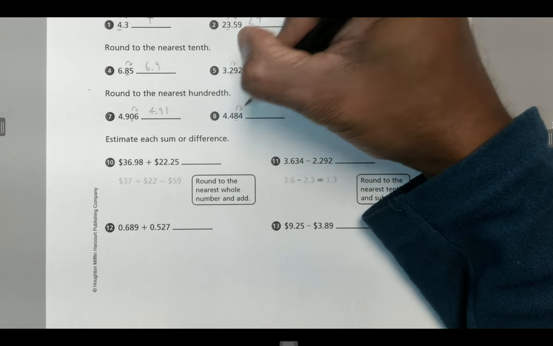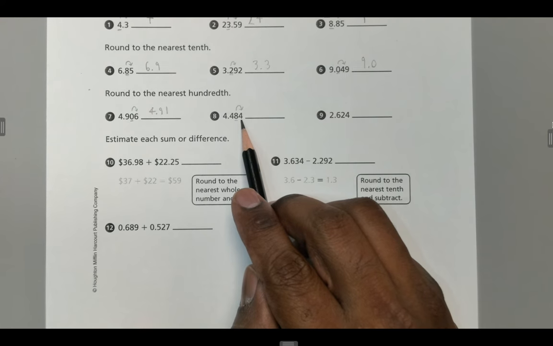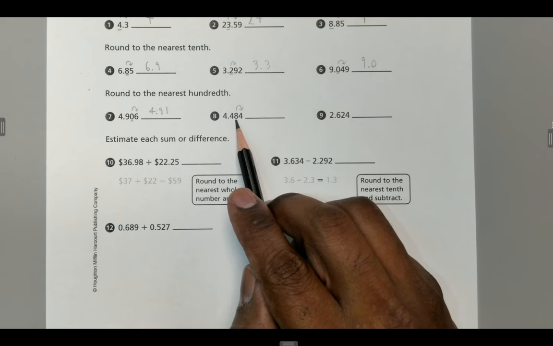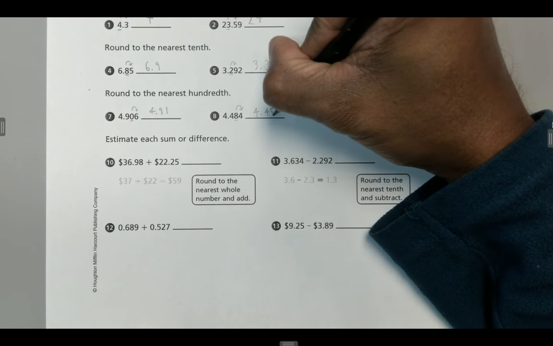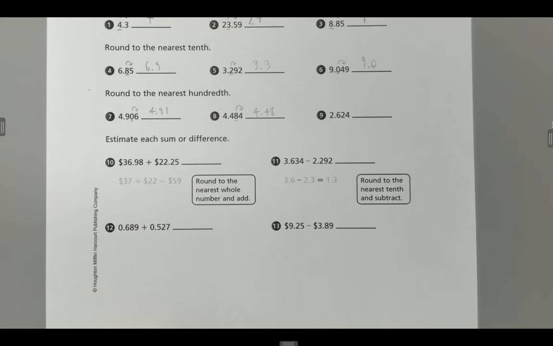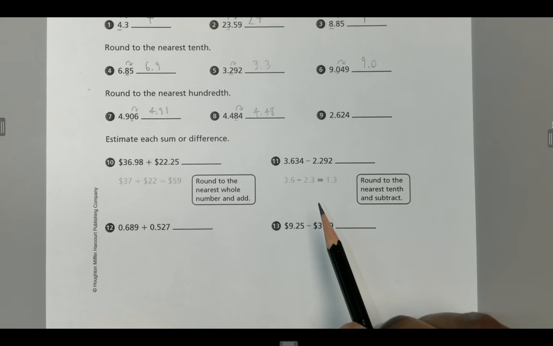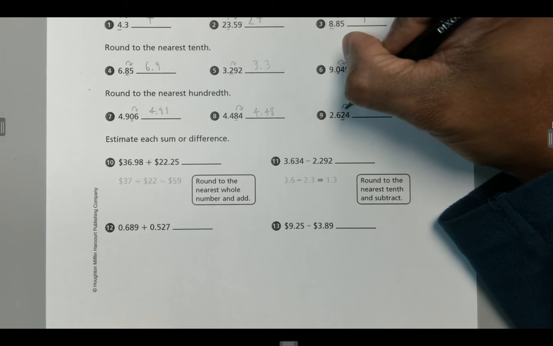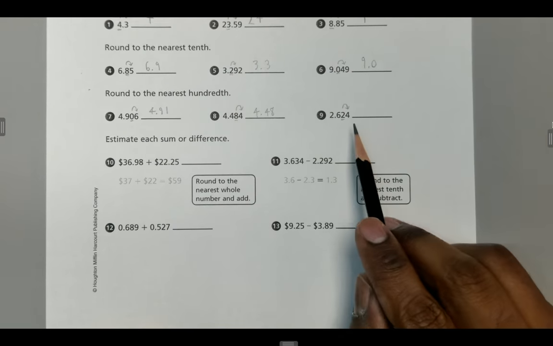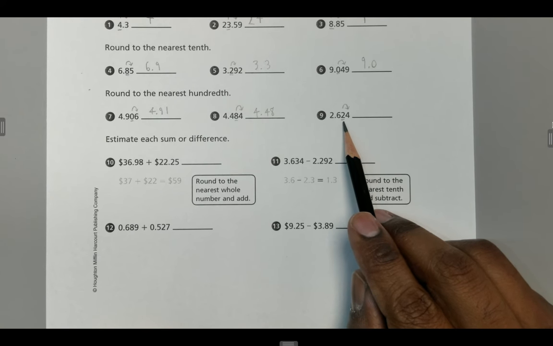Look at its neighboring digit to the right. This is 4 or less, so I give what I've underlined a rest. Two and 624 thousandths. Underline the 2 that's in the hundredths place. Look at the digit to its right. The digit to its right is 4 or less, so I'm going to give what I underlined a rest.